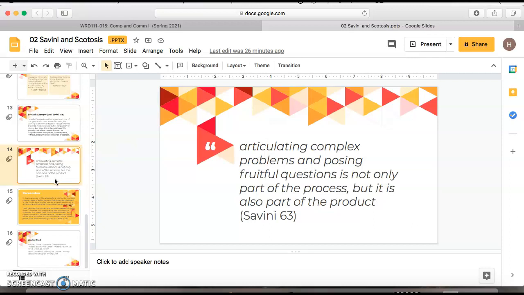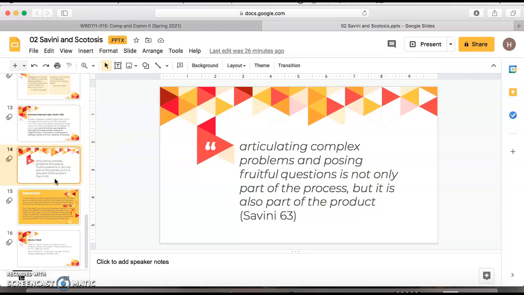So basically, the most important step, I'd say, in Savini's article and in her process is articulating complex problems and posing fruitful questions. Those are going to come back in your final product in this class.